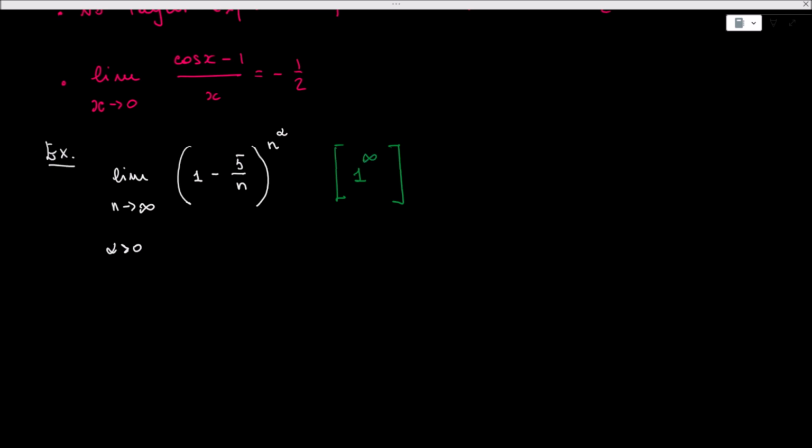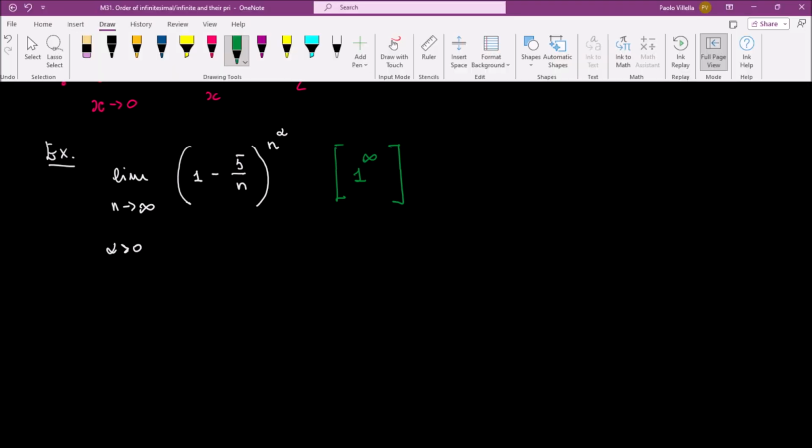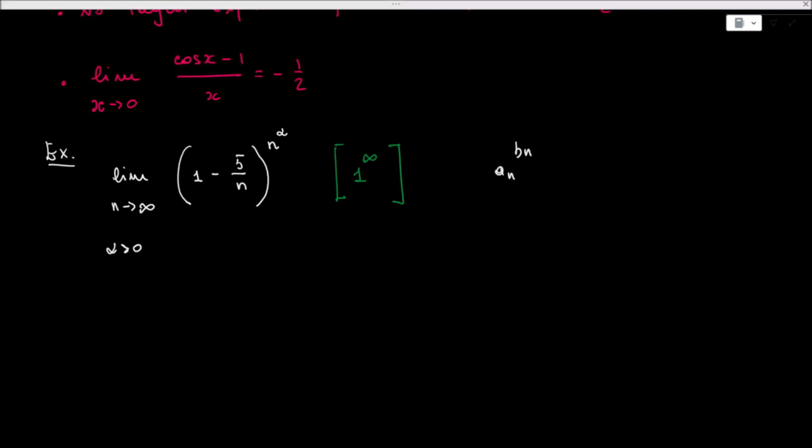And we know that this is one of those sequences of the form an raised to the bn, and we know how to deal with these, with the exponential transformation. So this is just equal to e raised to the logarithm of an to the bn, which comes up in front.